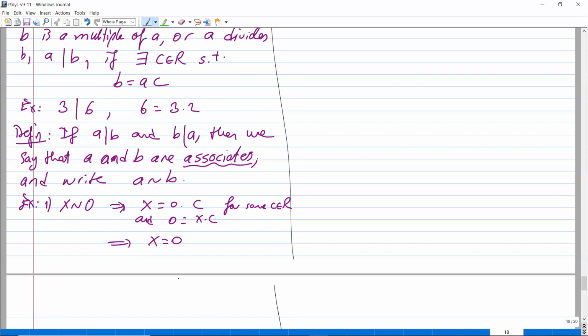If X is equal to 0, of course, it is associated to itself.